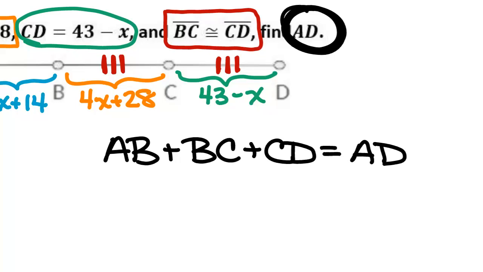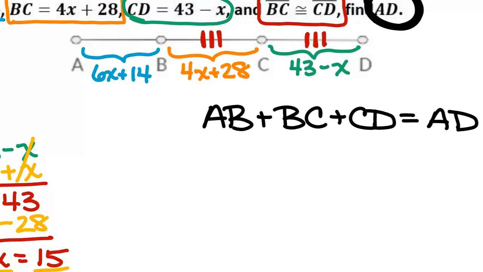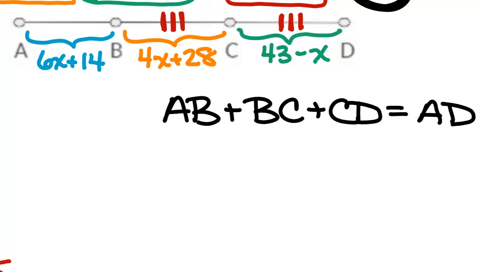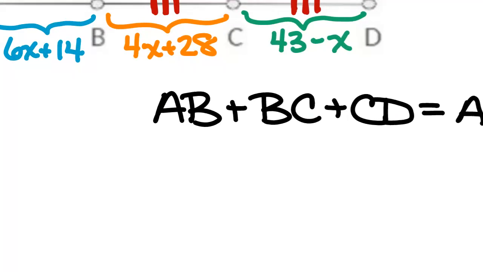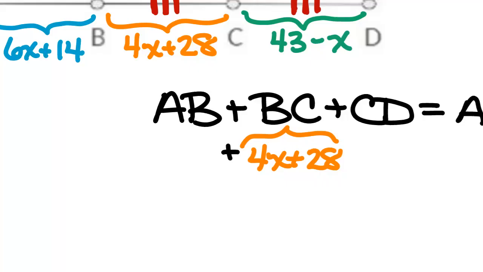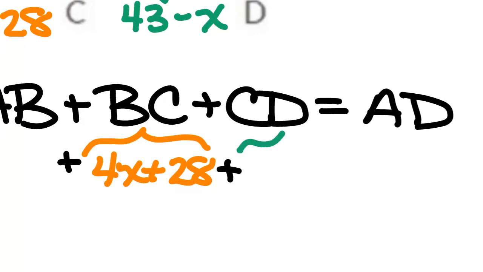Are there any substitutions that we can make there? BC and CD. What can I put in for BC? 4x plus 28. What can go in for CD? 43 minus x.